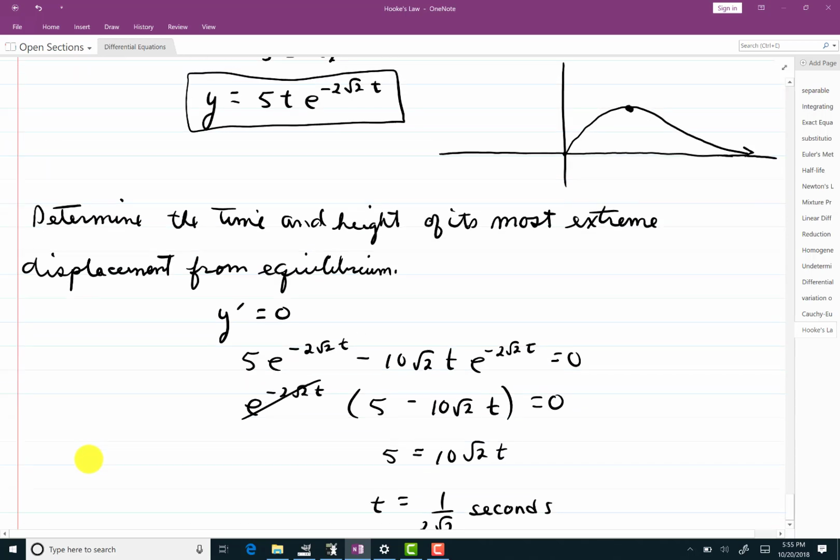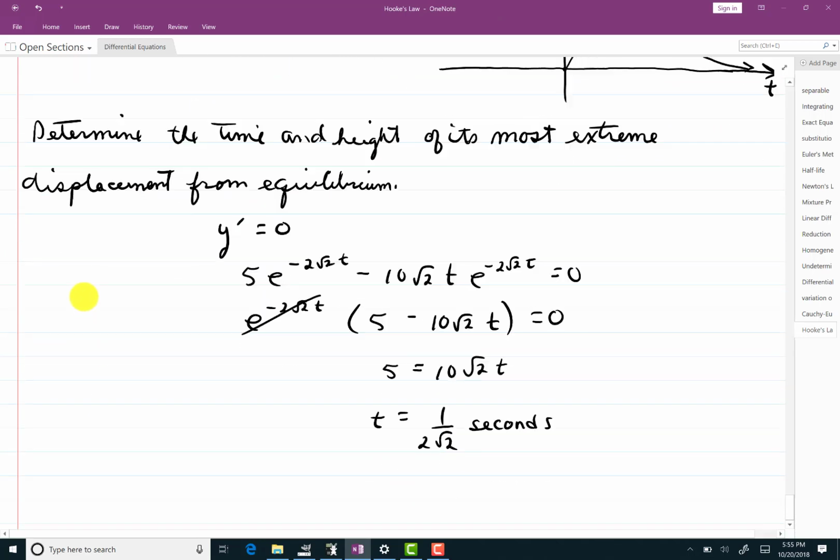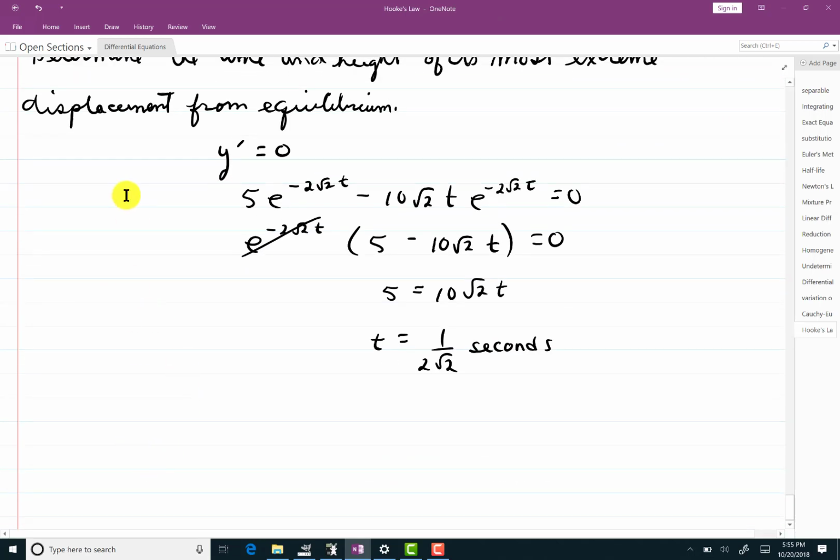So I've got one portion of this. The t value, remember this is actually the t-axis, is 1 over 2 radical 2. Probably better to convert it to a decimal. Now let's plug it into the original equation itself to get the height.